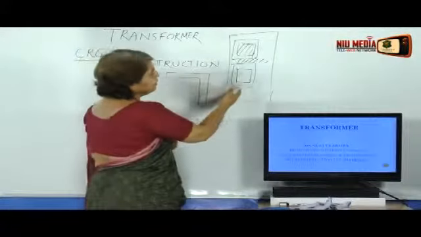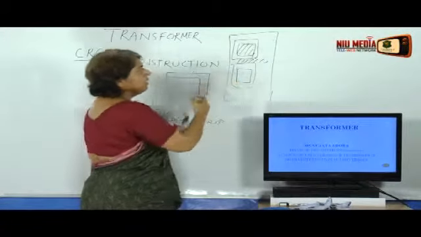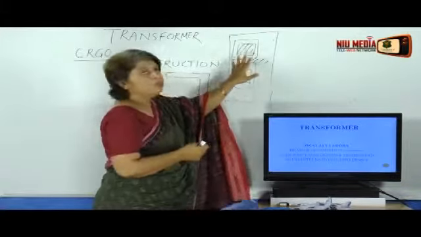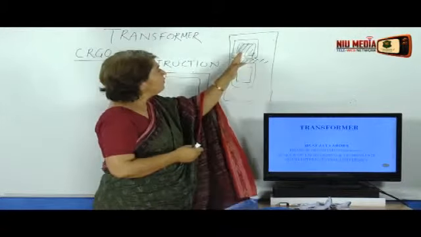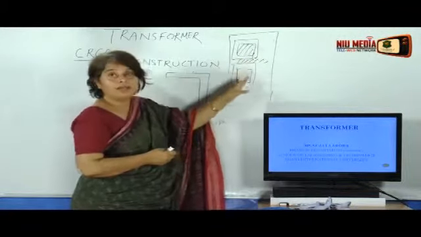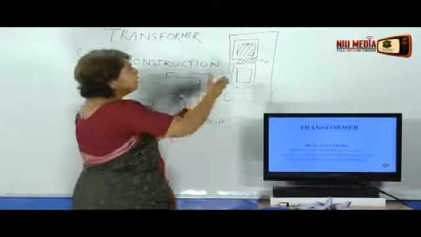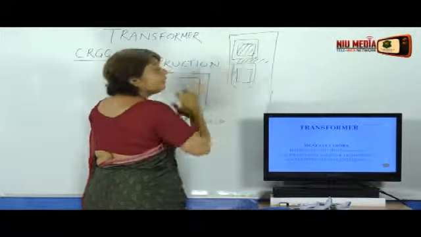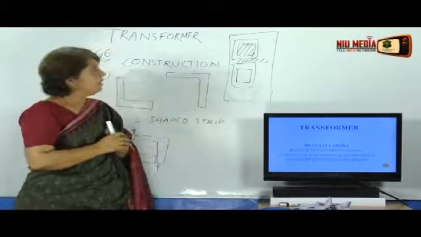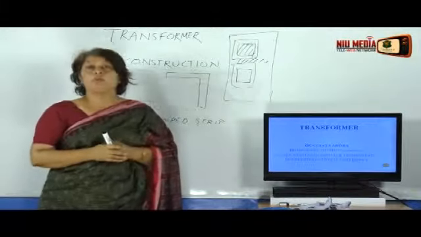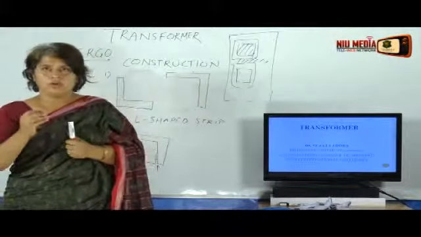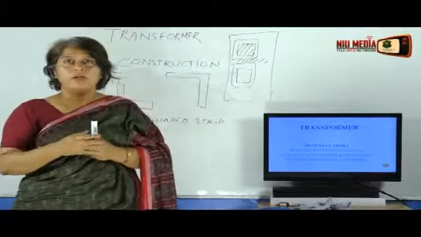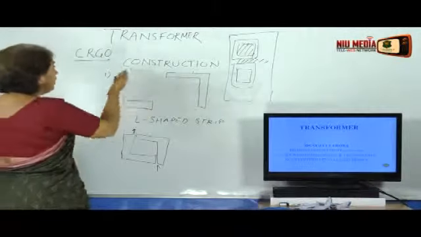As we have seen, if we cut the direct section from here, the hashed portion will get wasted, and this is a very costly material. We cannot waste it because the costing of the transformer is based on this material also.